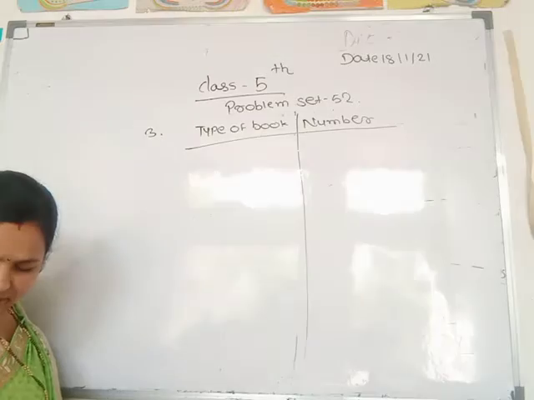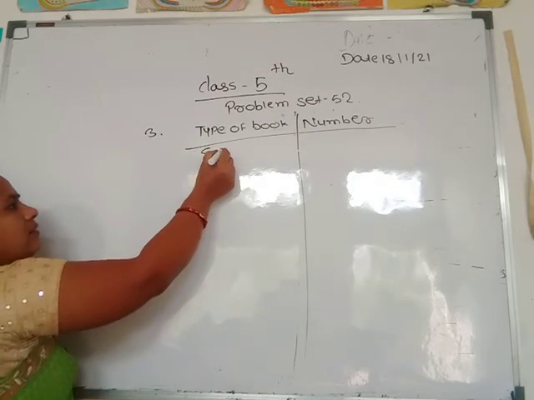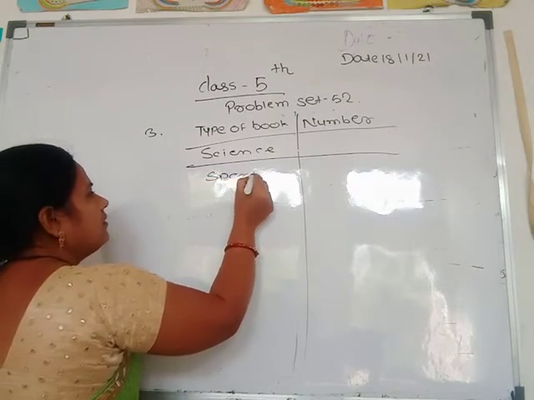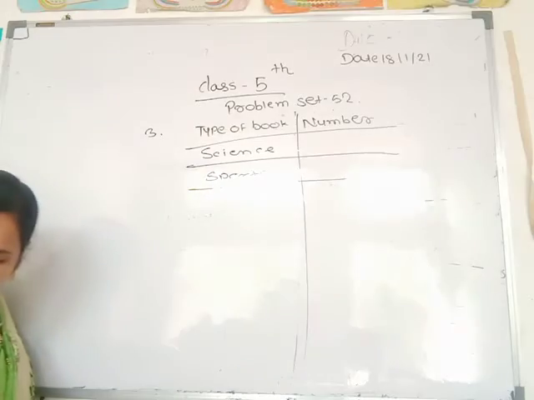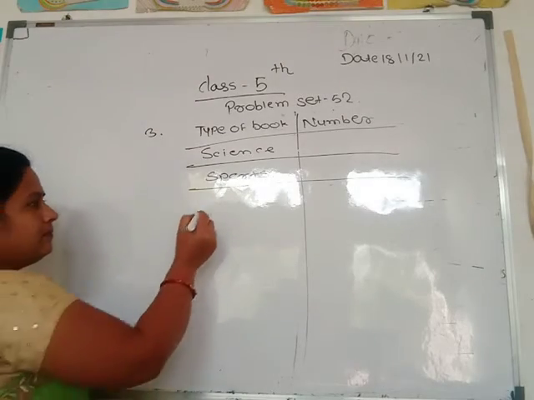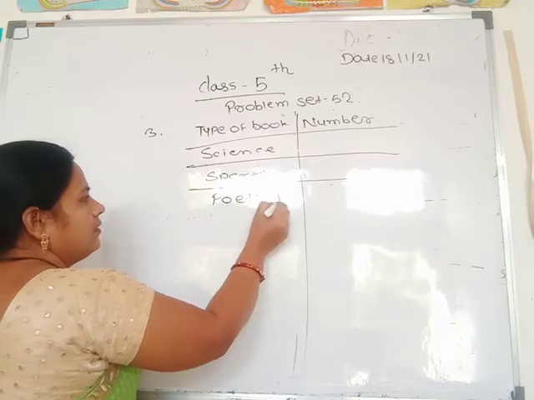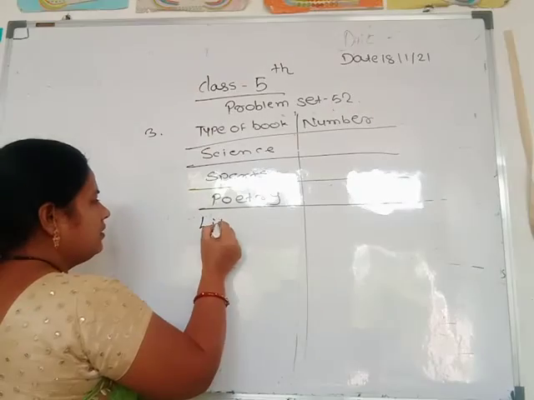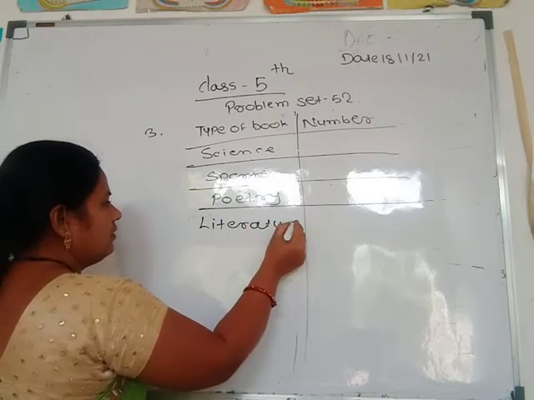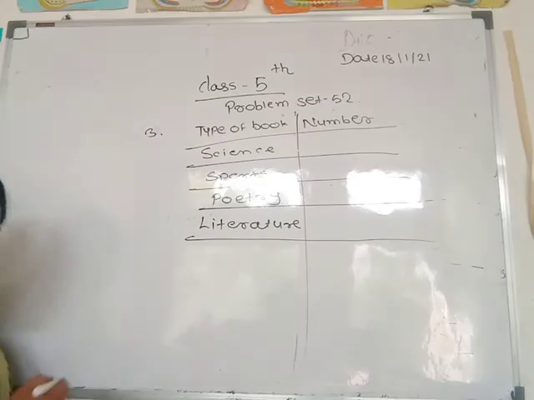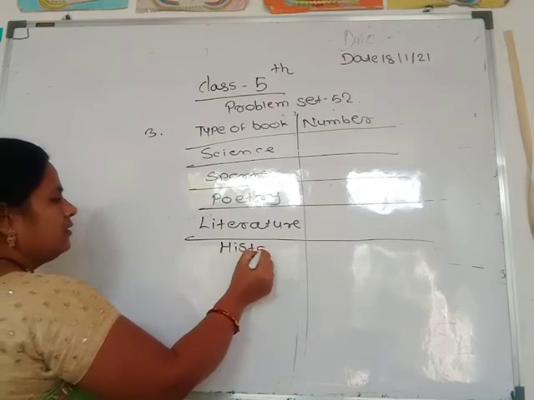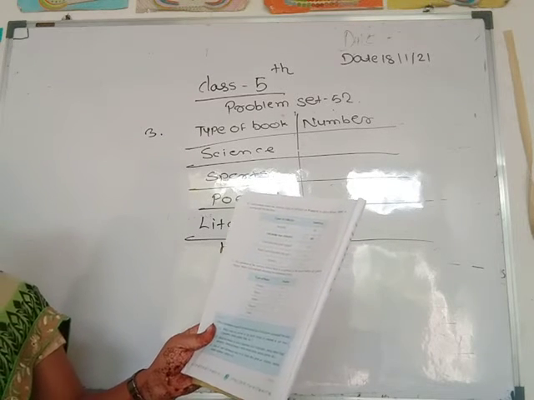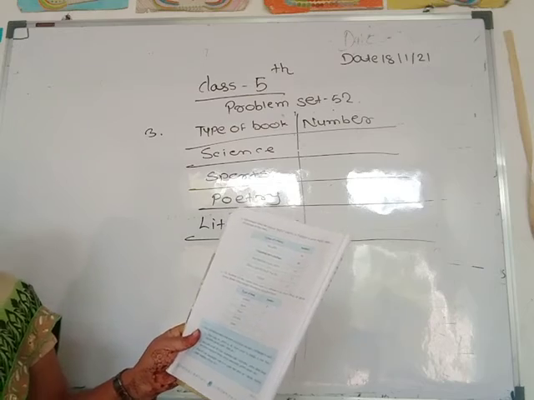Then type of book: science, sports, then poetry, then literature, and history. See here numbers 28, 14, 21, 35 and 7. All these numbers are in the table of 7.